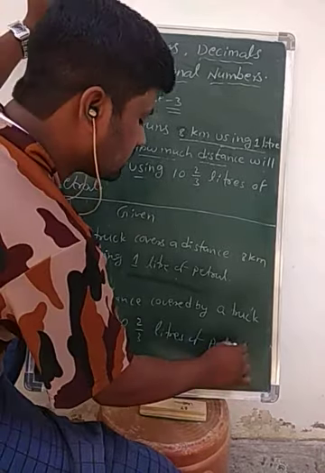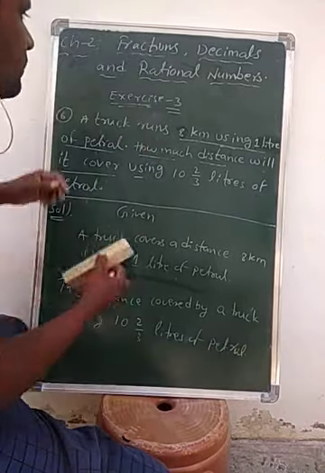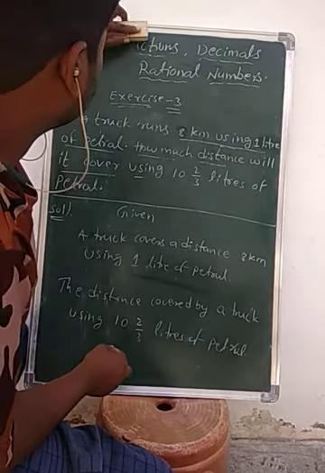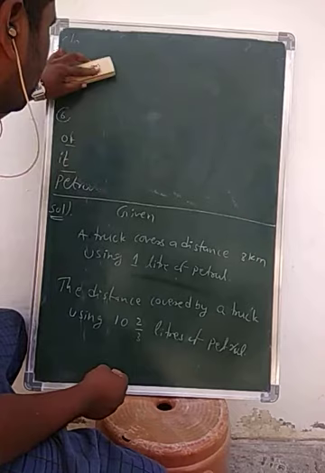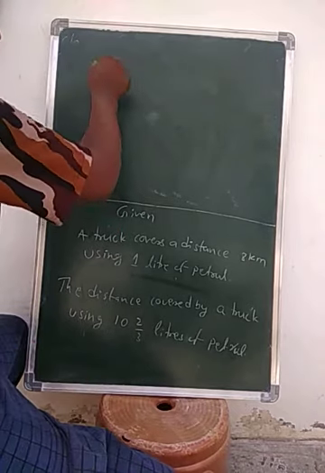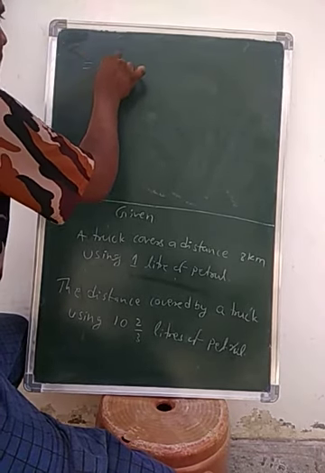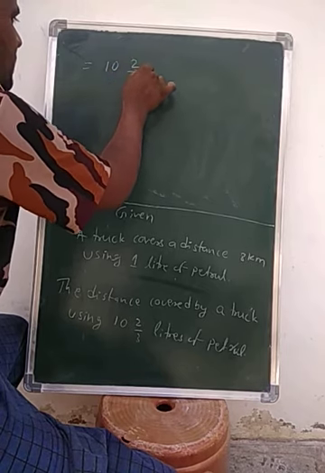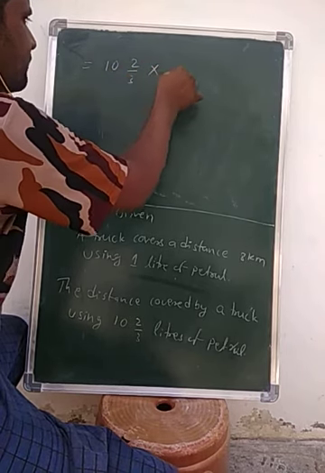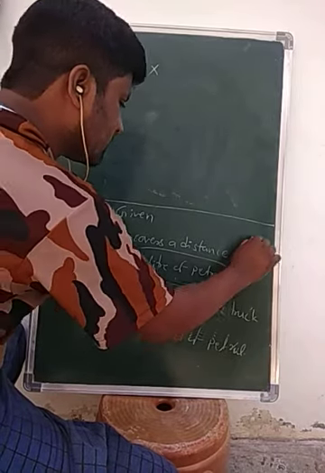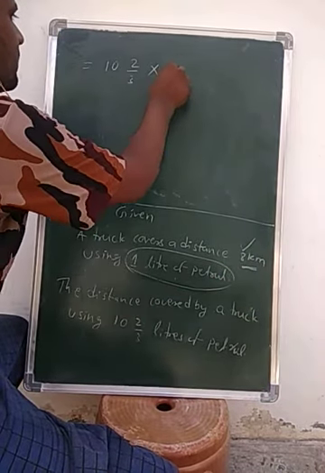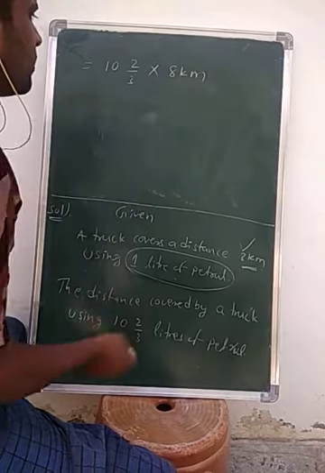Now that is equals to what? That is simply nothing but multiplication. 10 2/3 liters into, for using 1 liter of petrol, it covers how much distance? 8 kilometers. I am writing 8 kilometers.